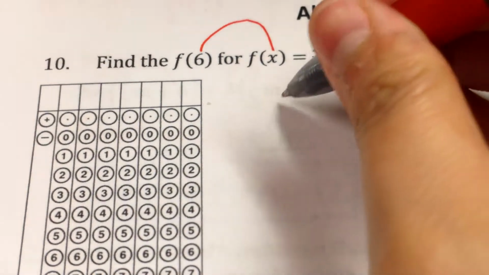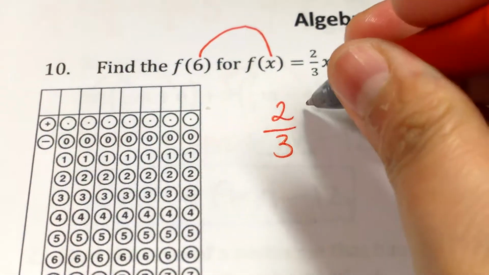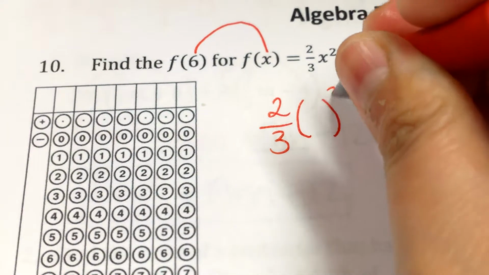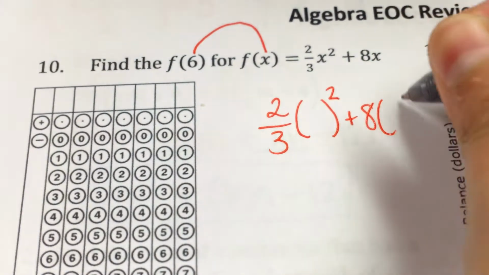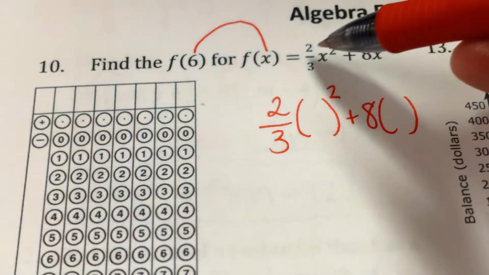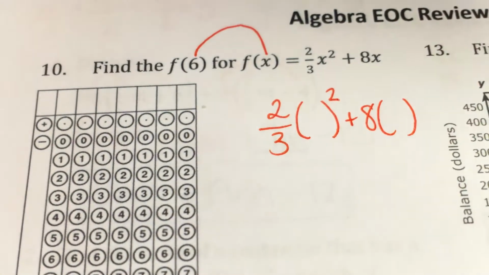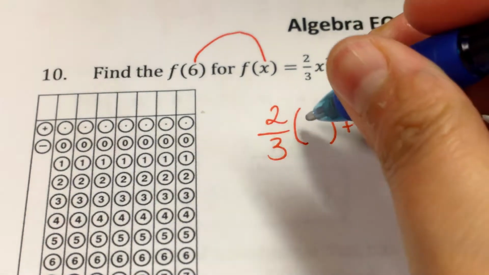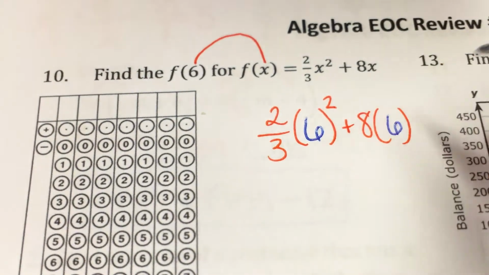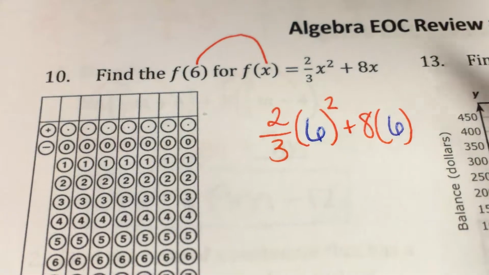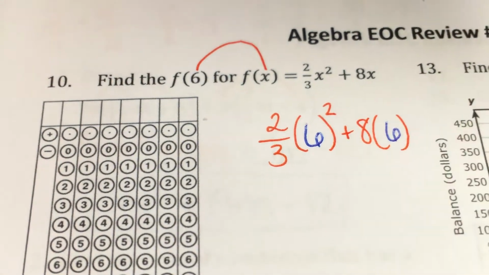Here we have 2/3 something squared plus 8 times something. Where the x squared is, we're going to plug in the 6. So now I have a 6 and a 6. Then we could put this all in the calculator to see what we get.